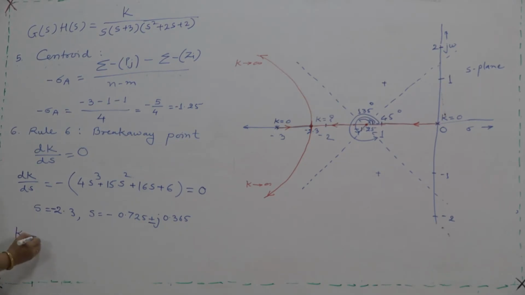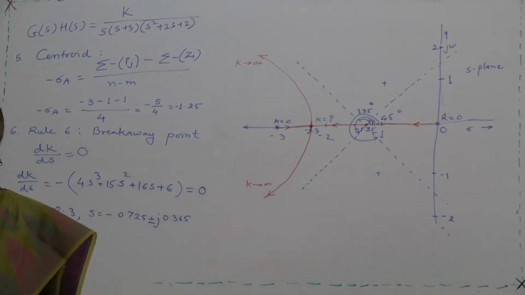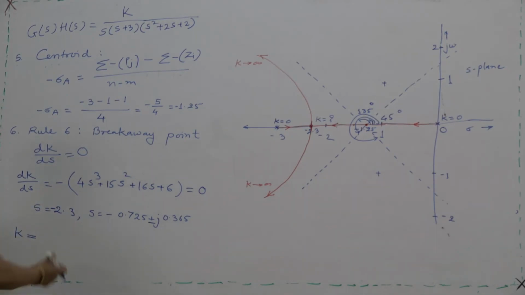We have to apply the magnitude criteria. So, what is the magnitude criteria? Try to remember it, revise it. What we have to find out is this: you connect each open loop pole and zero and then find the value of k.